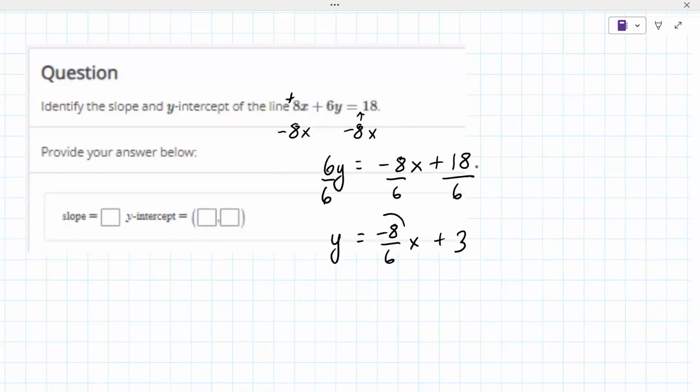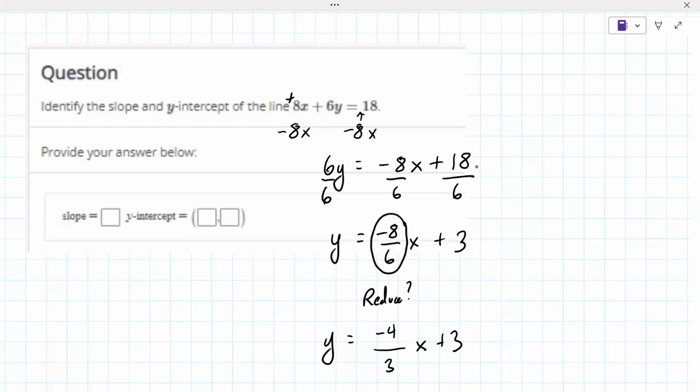All right. So now the slope has to be reduced. Can you reduce this fraction? Yes. 2 goes into both the top and the bottom. What does it reduce to? -4 over 3. Okay.